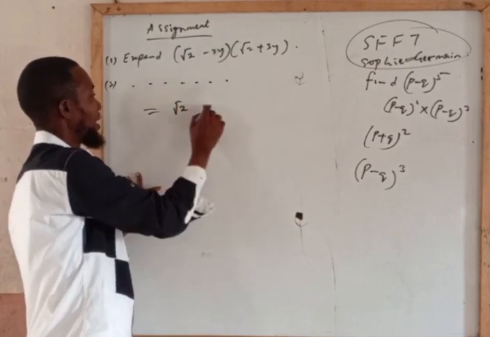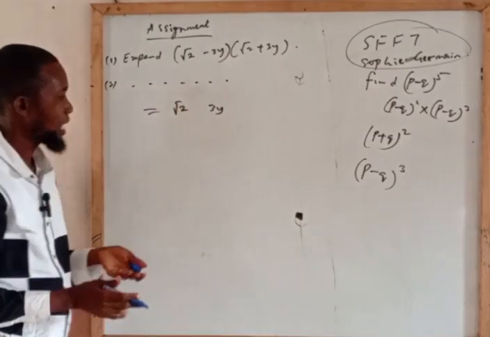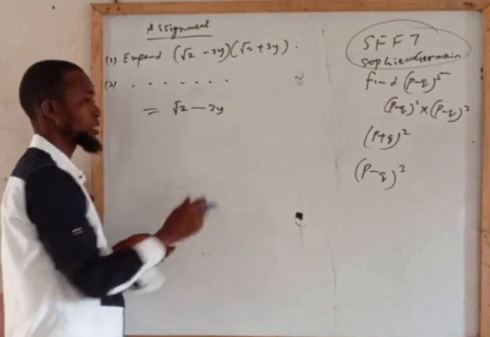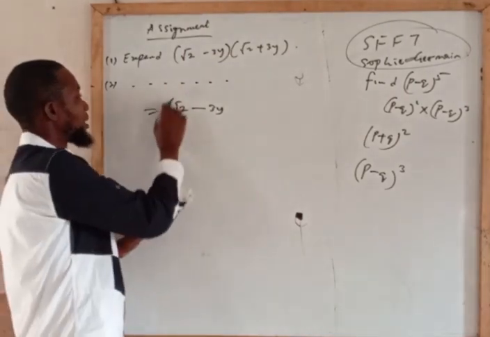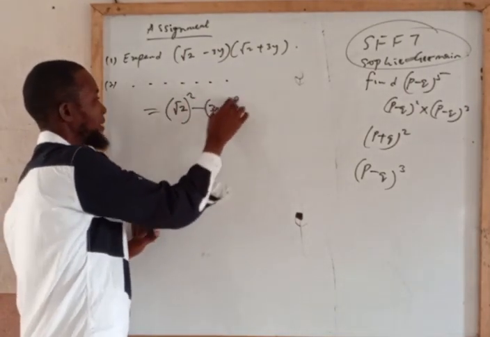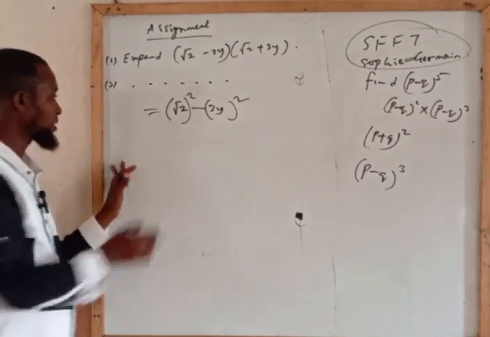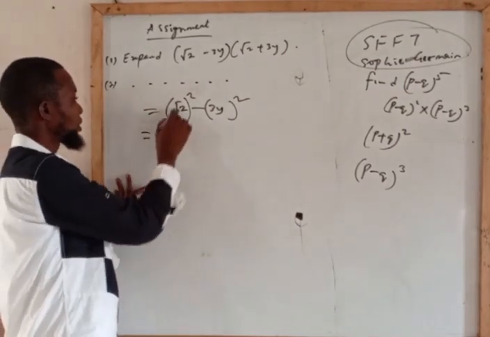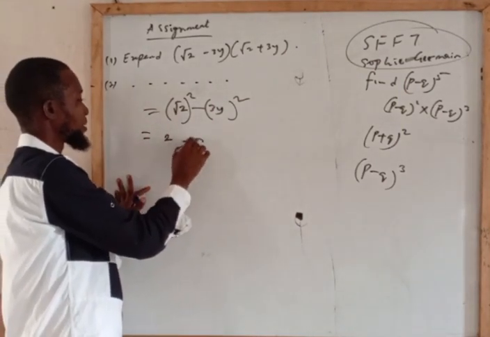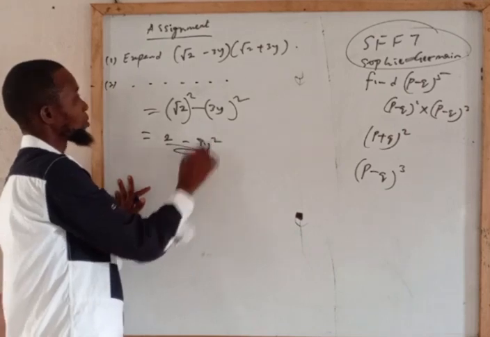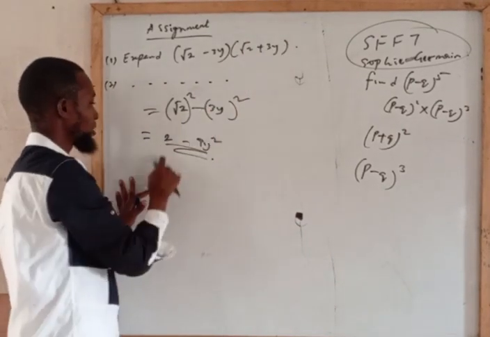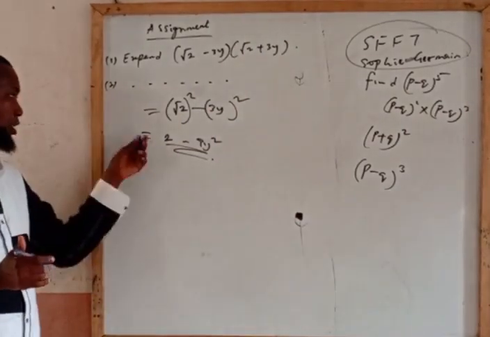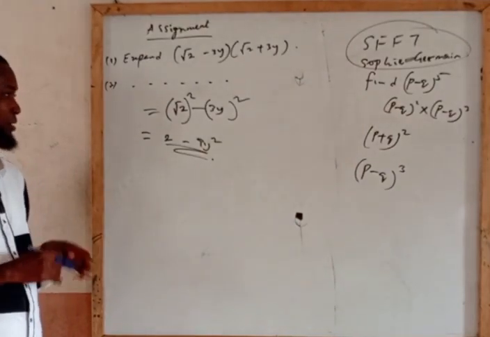The second value is 3y. All I want is a minus between them, and I must square each of them. If these are squared, the result is 2 minus 9y squared. So the solution to this question is 2 minus 9y squared. That's how that is done.